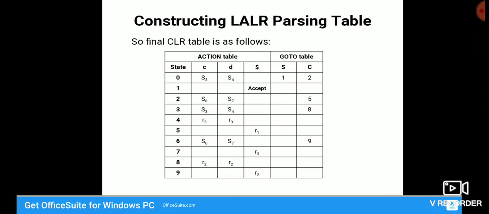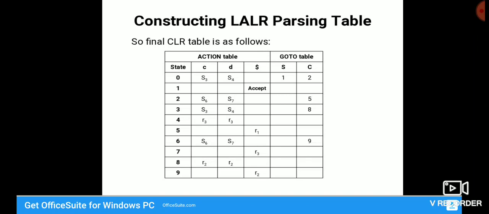So action was performed based on this I3 and I6. If I3 and I6 are combined, it becomes I36. So shift S3 will become S36. Even S6 will also become S36. Similarly, S4 will become S47, S7 will become S47, S8 will become S89, S9 will become S89. Why? Because these two item sets are merged together.